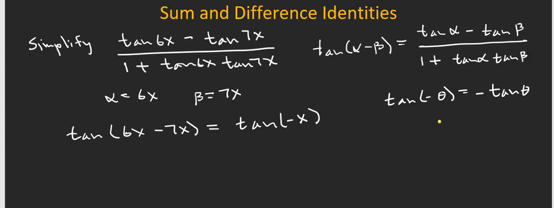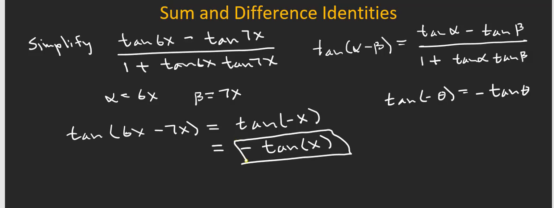Okay, this is a good time for you to review even and odd functions. And so this will be the same thing as negative tangent of x. And notice we can't go further because x is unknown. And all we have to do was simplify. So that is your final answer right here.